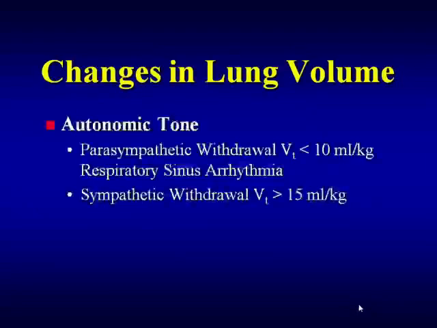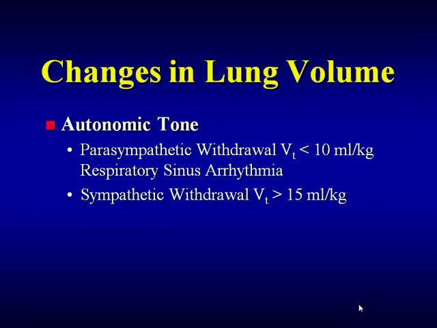The lung is richly innervated with autonomic nervous system receptors, both afferent and efferent. They're both parasympathetic and sympathetic. What we normally see is that with spontaneous inspiration of a normal tidal volume, which is less than 10 mLs per kilogram, we have parasympathetic withdrawal and you get cardiac acceleration.